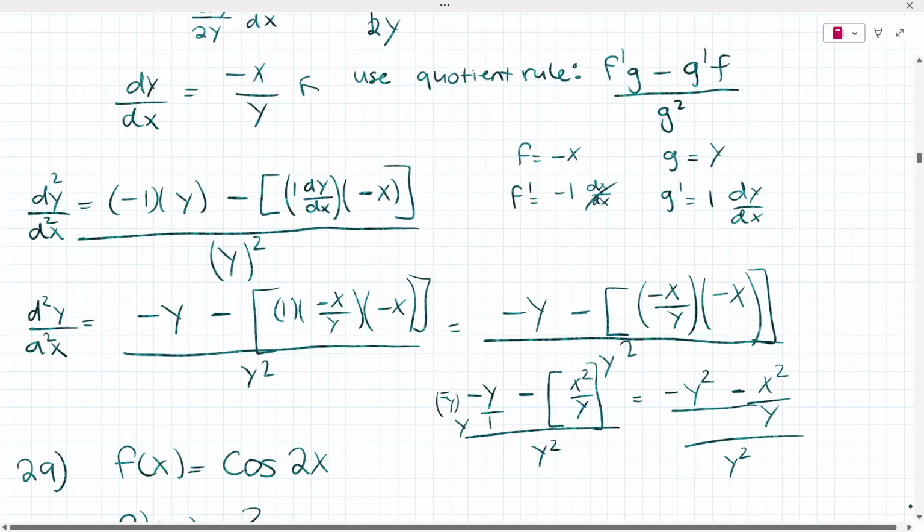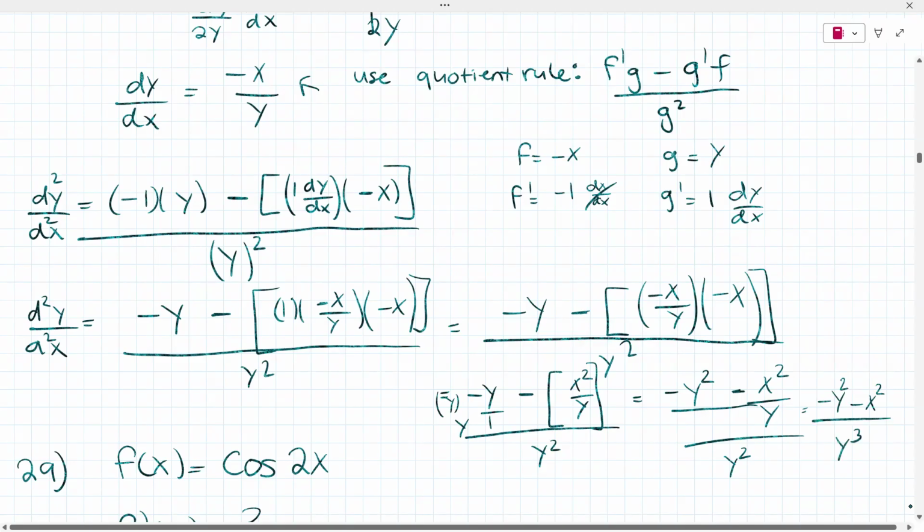So when you clean this up, you should get negative y squared minus x squared all over y cubed.